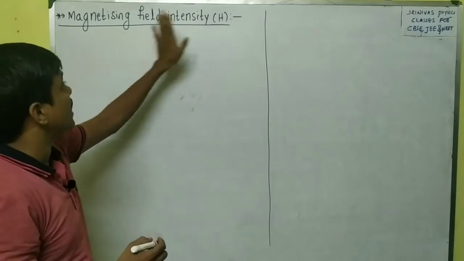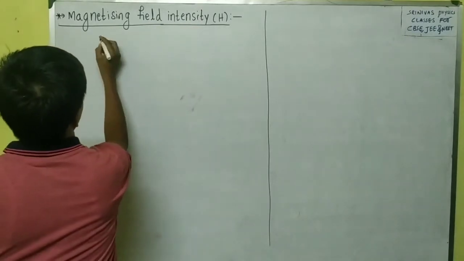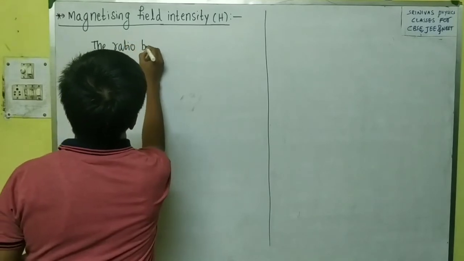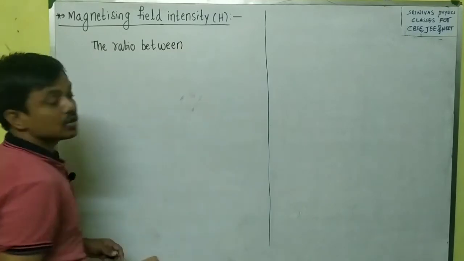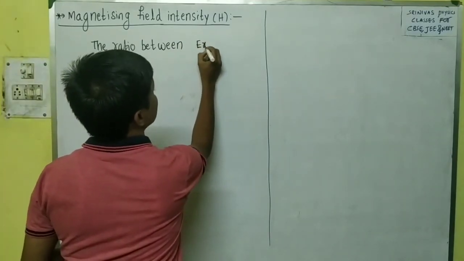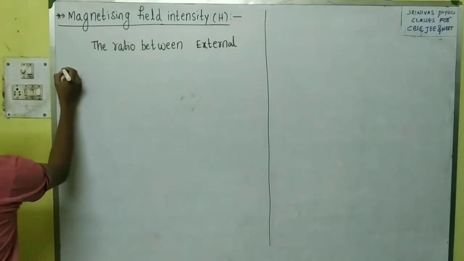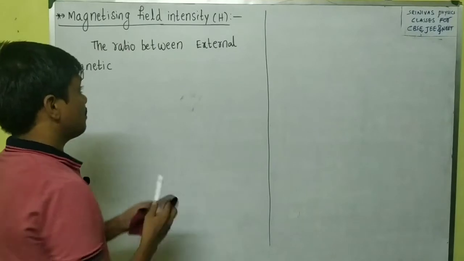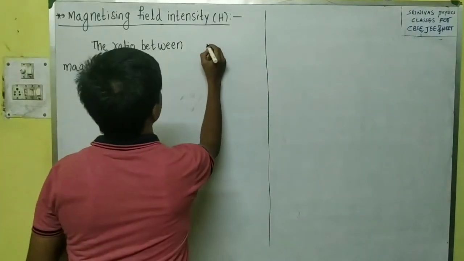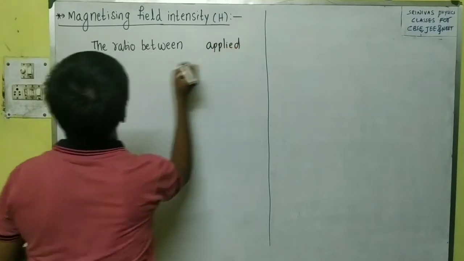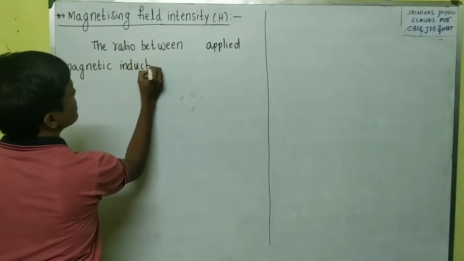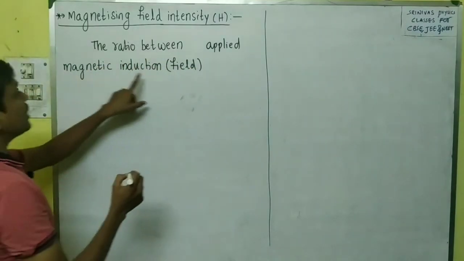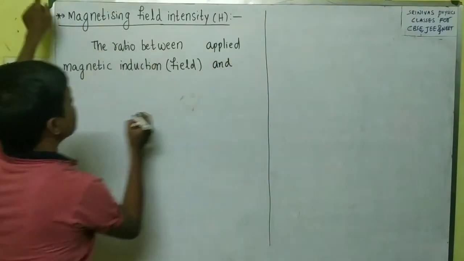Then what is the definition of the magnetizing field intensity? It is the ratio between the applied magnetic induction, or field, and the permeability of free space.